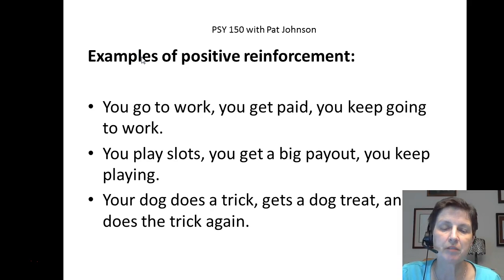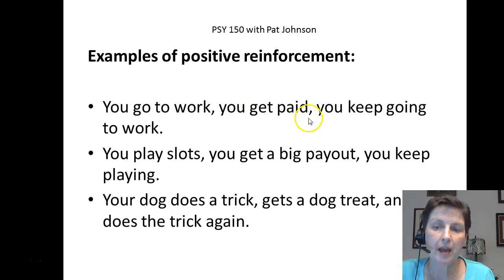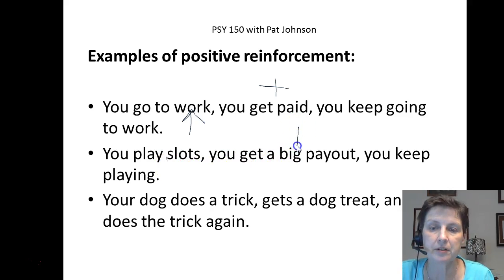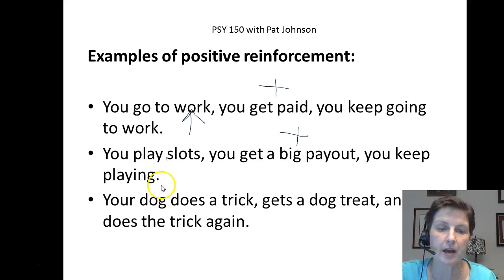Here are some examples of positive reinforcement. You go to work, you get paid, you keep going to work. So getting paid is added, and going to work, that behavior, increases. It's positive reinforcement. Let's suppose you're gambling and you play slots. You get a big payout. So a big payout has been added, and you keep playing.